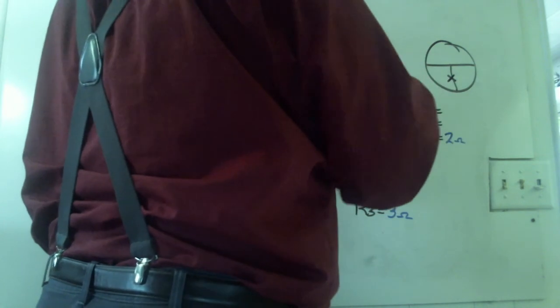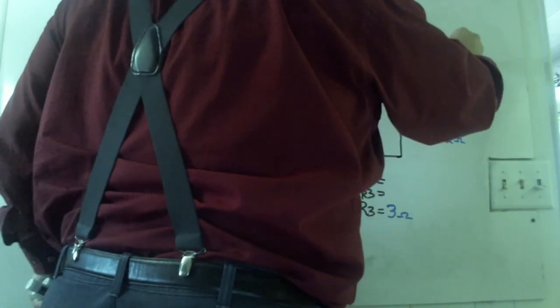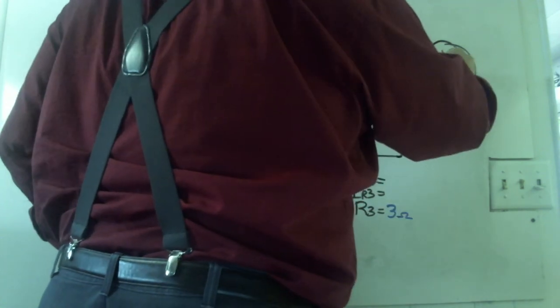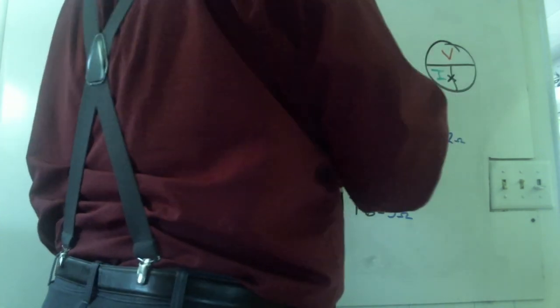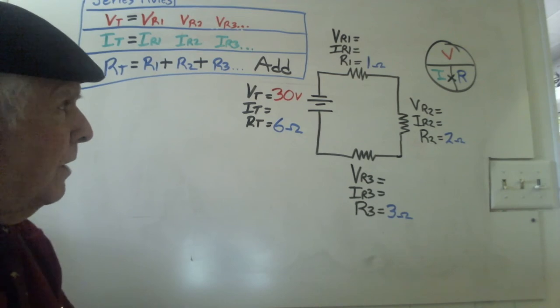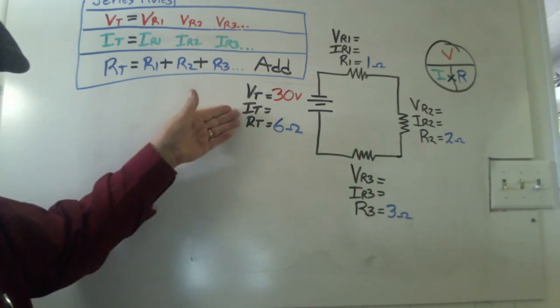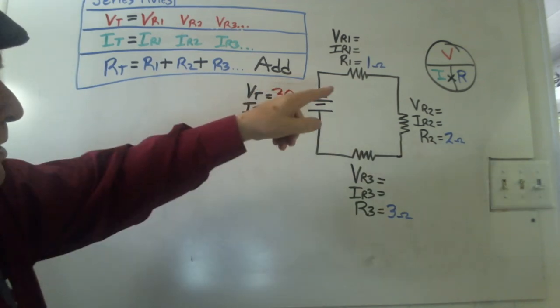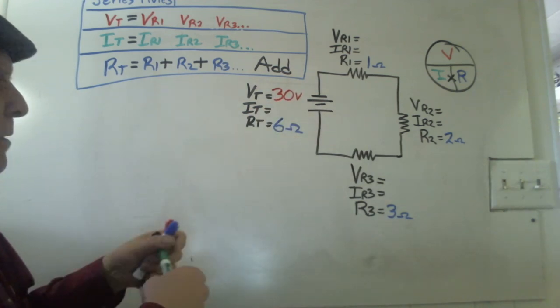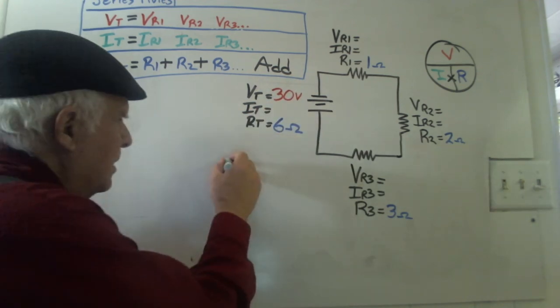With Ohm's law, voltage is equal to the current times the resistance. Voltage equals current times the resistance. Now I'm missing the current here, as you can see. So current is equal to voltage divided by resistance. And so if I want to find the current, I can use this equation.